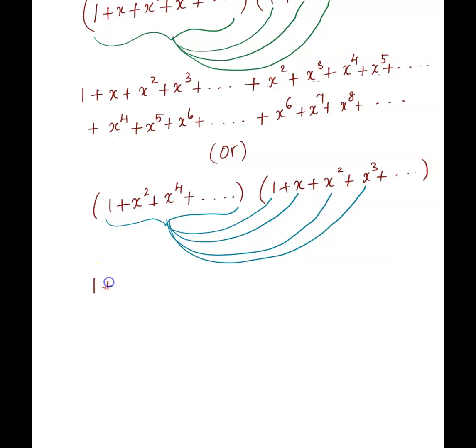So that's going to be 1 plus x squared plus x power 4, etc. plus x times, that's the second arch, right? So if you want, I can put 1 times here. So x times 1 plus, I'm not expanding it fully like before.